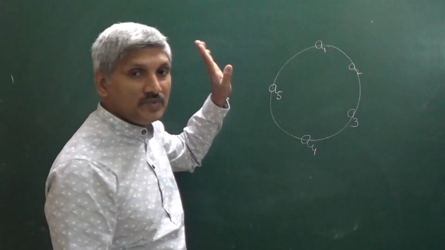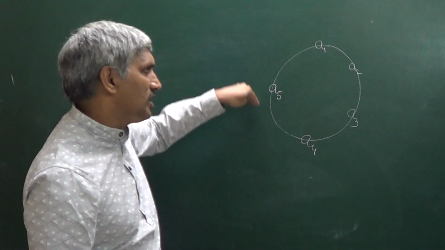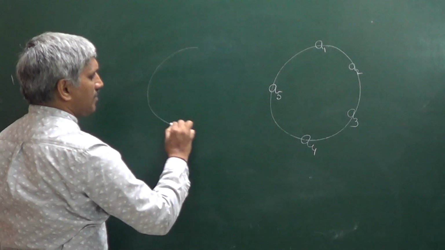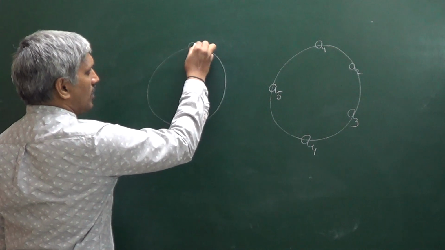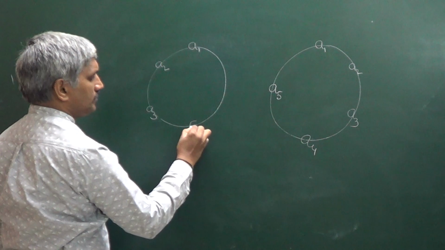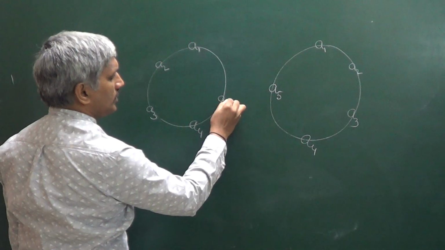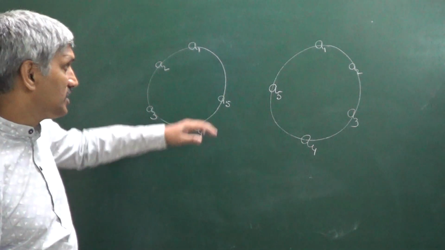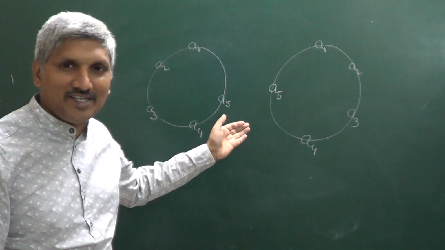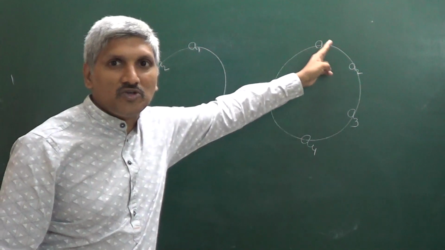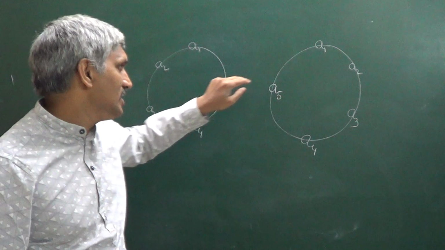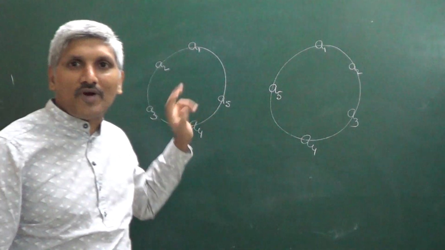Now observe here, the same a1, a2, a3, a4, a5 in the same order, but they are in anti-clockwise direction.